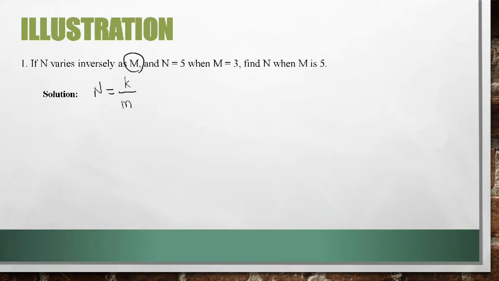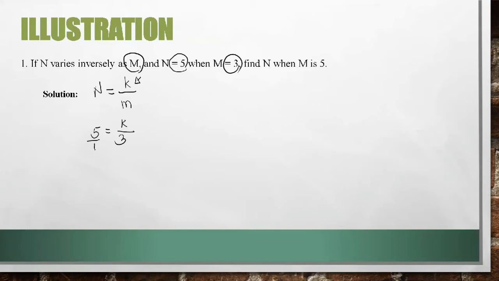What are we going to do if the k is not given doon sa ating problem? Then, we need to get the value of the constant of variation or the k. So, we need to substitute the value of n, which is 5, is equal to k since it is not yet given, and m is 3. So, here, to solve this one, if you remember, any whole number has its own denominator, which is 1.